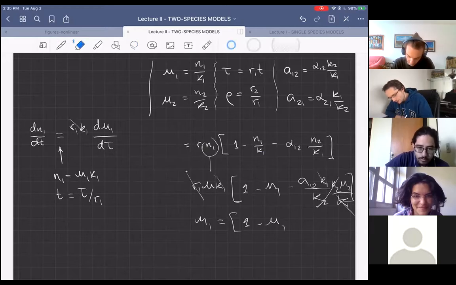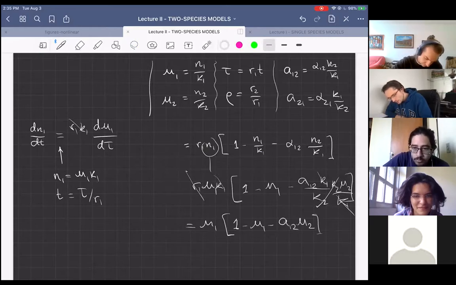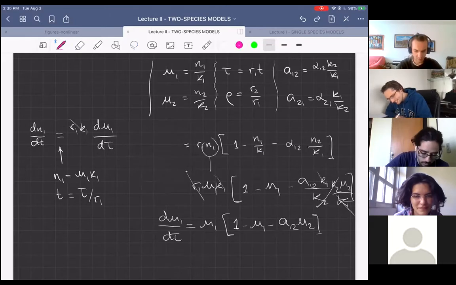Sorry, I'm trying to be fast, but I think it's better to do it well. So what I have is U1 times 1 minus U1 minus A12 U2. And this is equal to this here, which is the derivative of U1 over tau without the index.